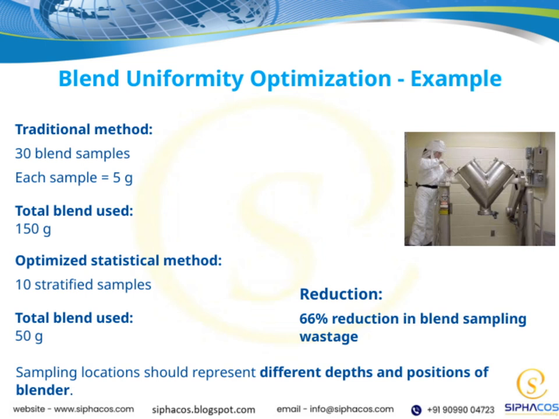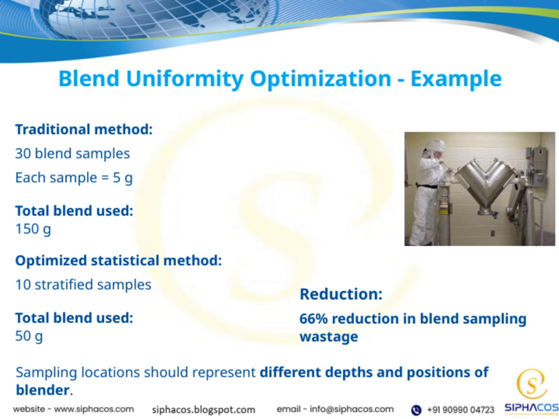Now, let's look at the example of blend uniformity optimization. Traditionally, you might take around 30 samples, each weighing about 5 grams. That adds up to a total of 150 grams of blend used just for sampling. With our optimized statistical method, we're reducing that number dramatically, taking only 10 stratified samples.